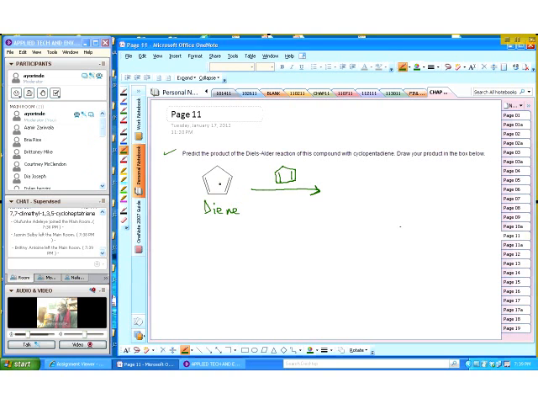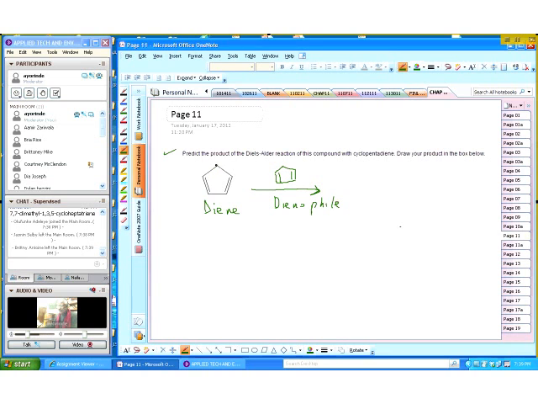In other words, the cyclopentadiene will be reacting with itself. Acting as a diene, it will also act as a dienophile. So what would that be?